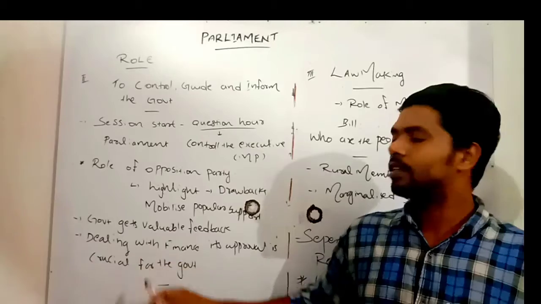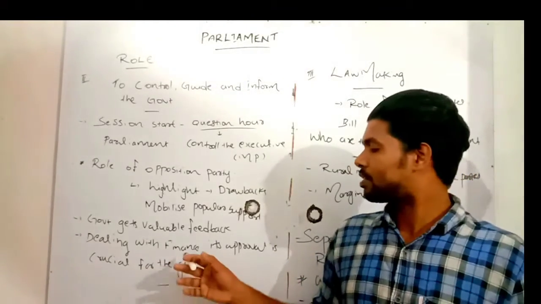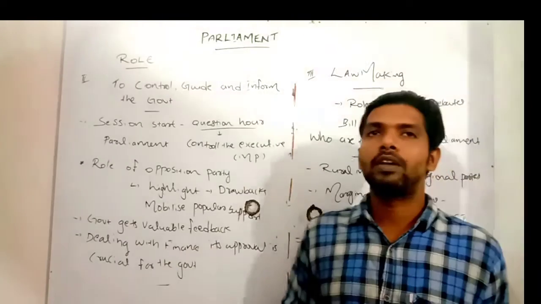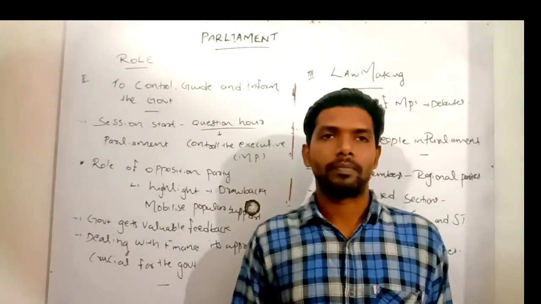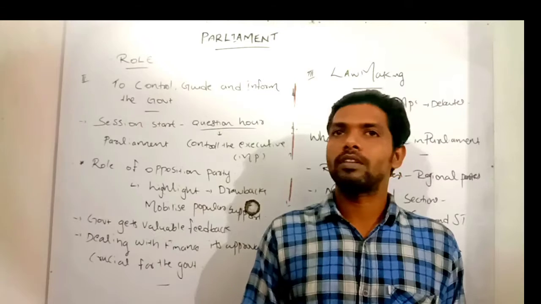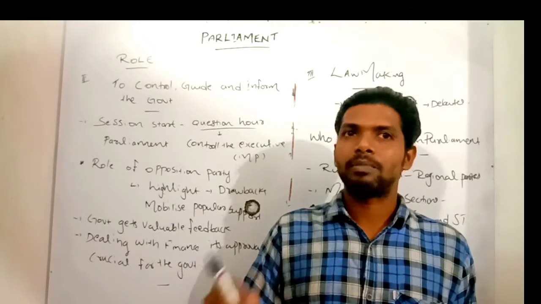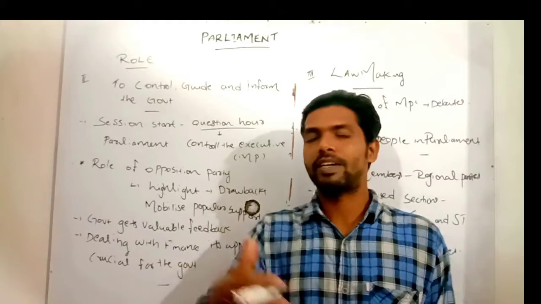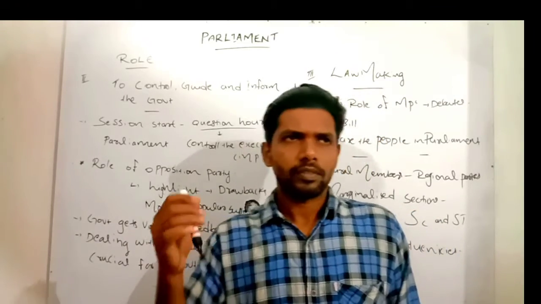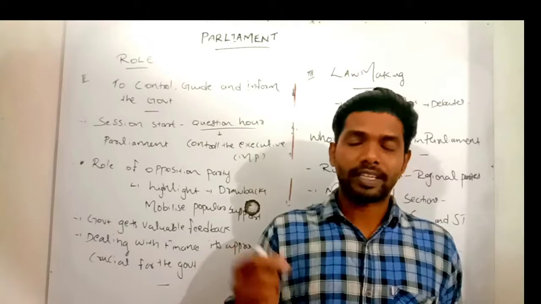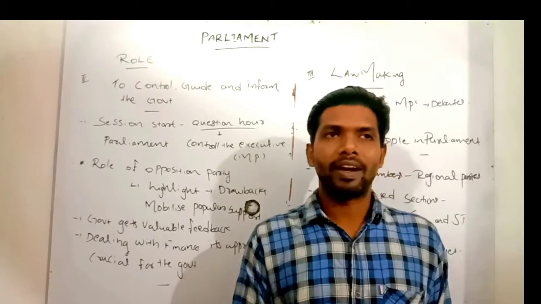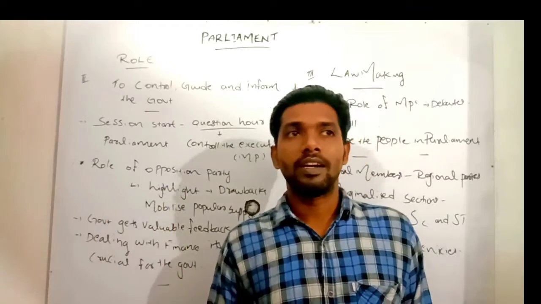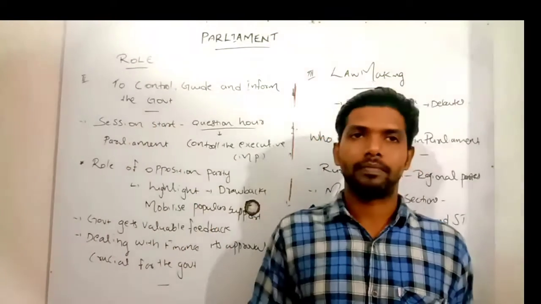Dealing with finance, especially finance and expenditure, parliament's approval is crucial for the government. Our existing ruling government cannot take a unilateral decision about financial matters. Especially for taking a loan or spending big crores of rupees on different policies, parliament's approval is compulsory.